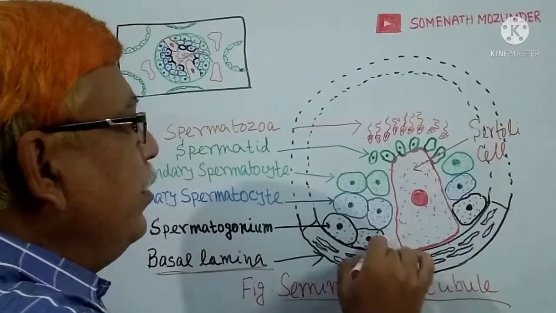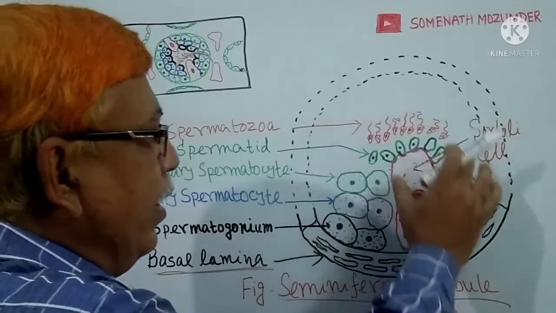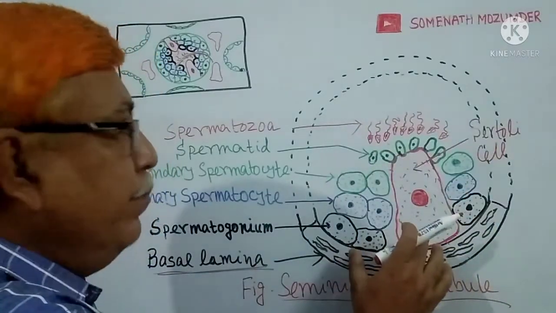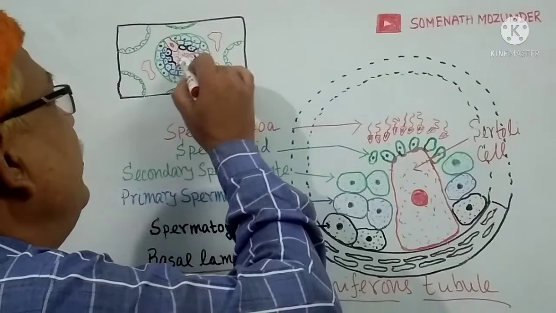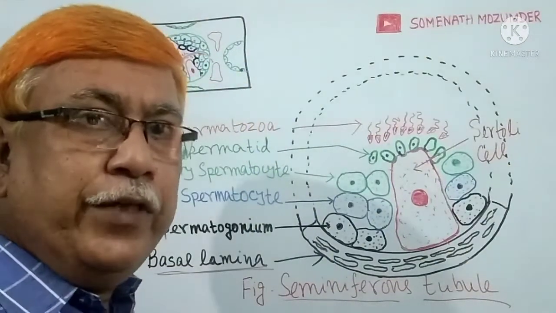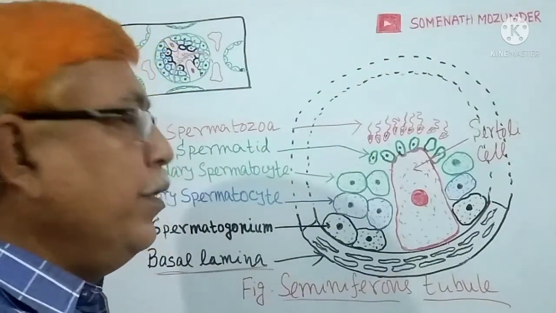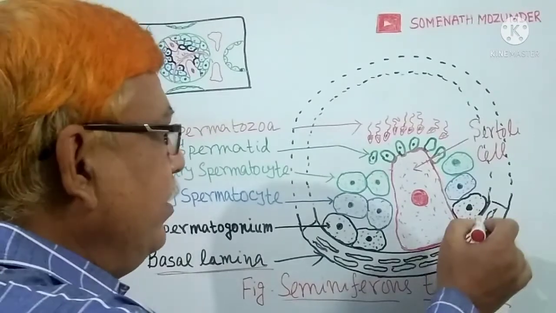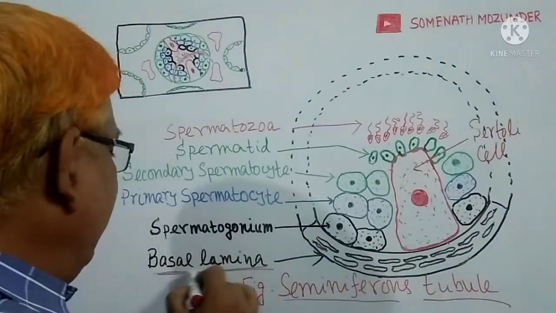This portion is an enlarged portion of this region. Each seminiferous tubule is surrounded by basal lamina.